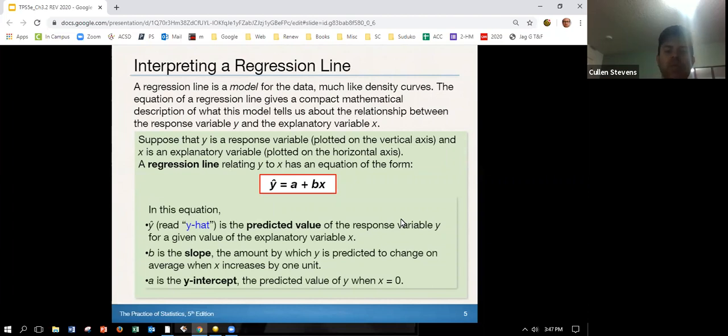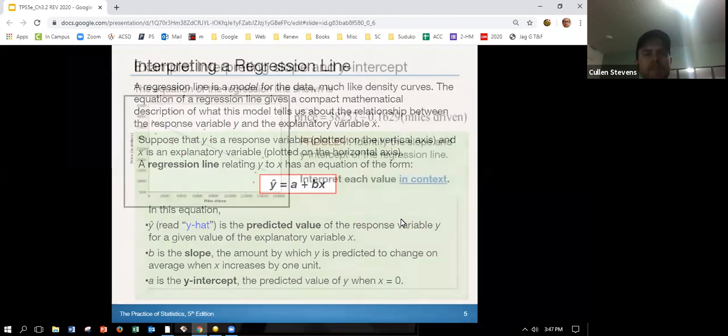That's the amount by which y is predicted to change on average when x increases by 1 unit. Remember that slope is the average rate of change. And then a is our y-intercept, the predicted value of y when x is equal to 0. So this is the form that we talk about: y hat, the predicted y, is equal to a plus bx.